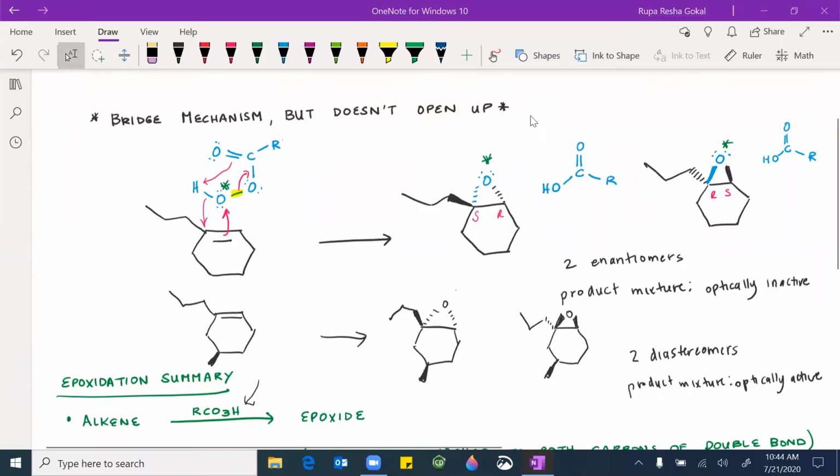Piper: If you were doing a hydrohalogenation reaction and you created 4 products, would it still be optically inactive? If you created 2 sets of enantiomers, then yes. But if you already had an existing chiral center that you couldn't do anything about with your reaction, and you create more chiral centers, you're creating diastereomers, and those are going to be optically active.